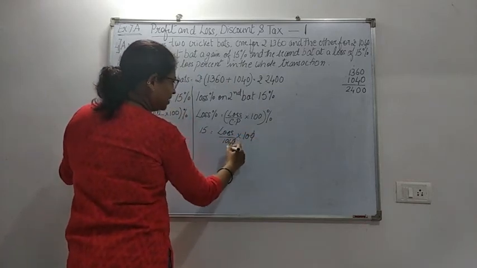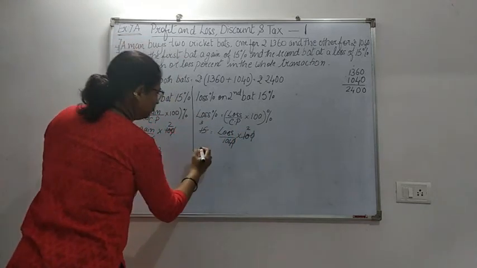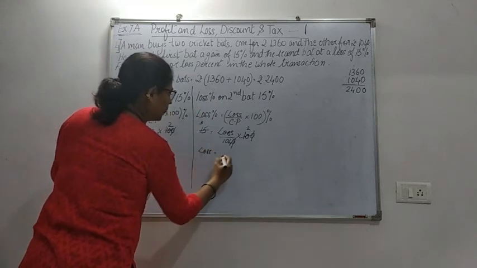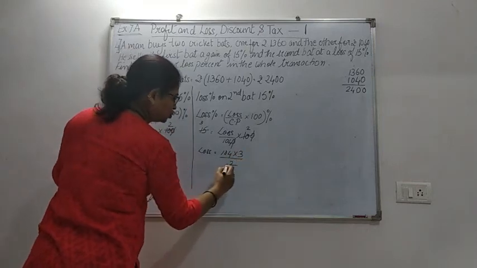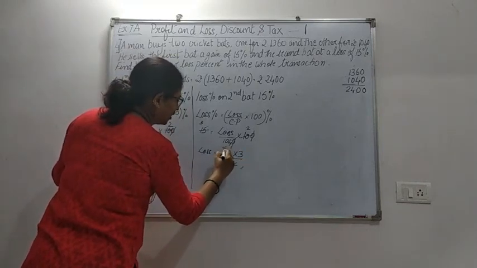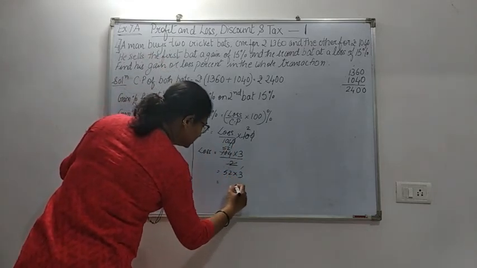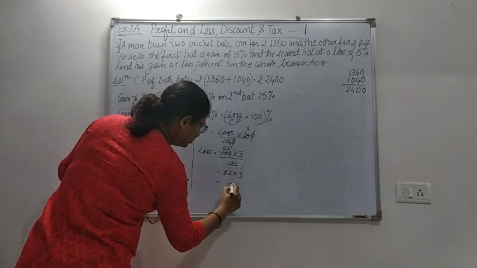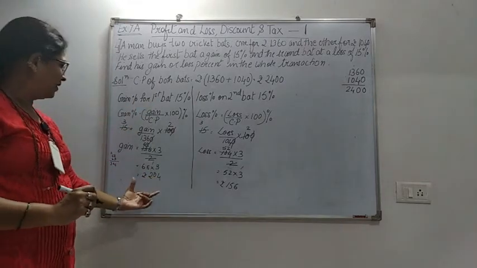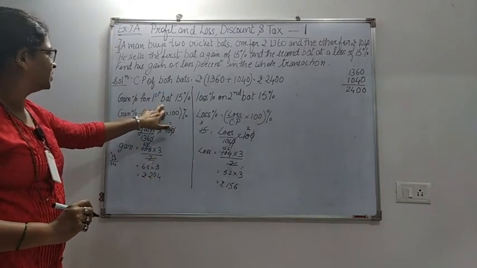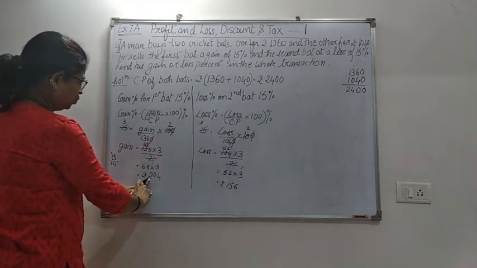Now whatever I can cancel, I will cancel here. Now 5 twos are 10, 5 threes are 15. So I have loss is equal to 104 into 3 divided by 2. So 2 ones are 2, 5s are 2s are. So here I get 52 into 3, that is 6, 3 twos are 6, 3 fives are 15. So 156.